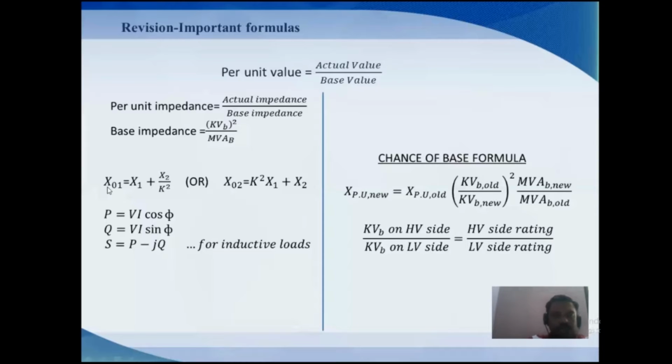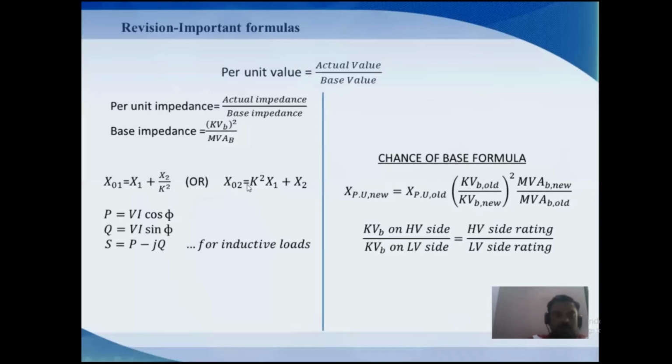Similarly for impedances and resistances. The impedance referred to the primary side means Z01 is equal to Z1 plus Z2 divided by K square. Then what is K? K is the transformation ratio, that is secondary side voltage divided by primary side voltage, V2 divided by V1.